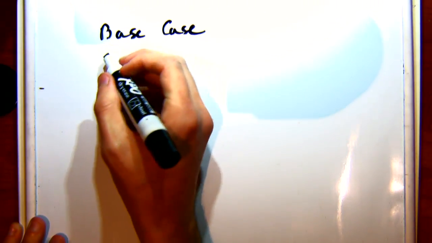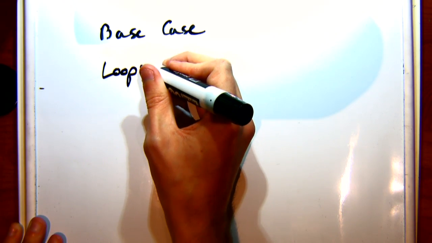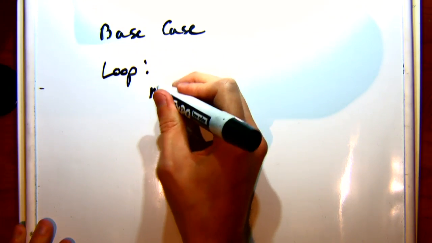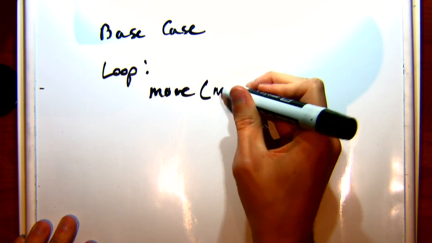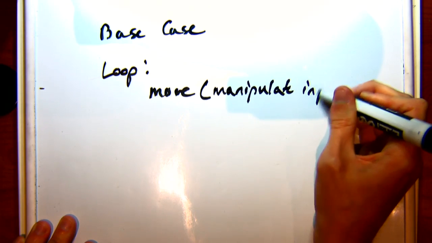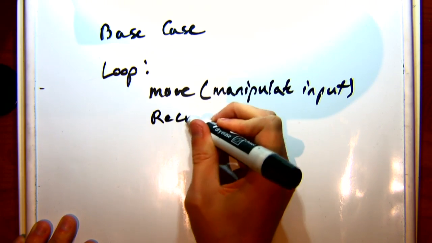and then you're going to have probably some kind of loop. And within that loop, you're going to have your move that you make. So you're going to manipulate your input data, we could say that. Then you're going to make your recursive call.